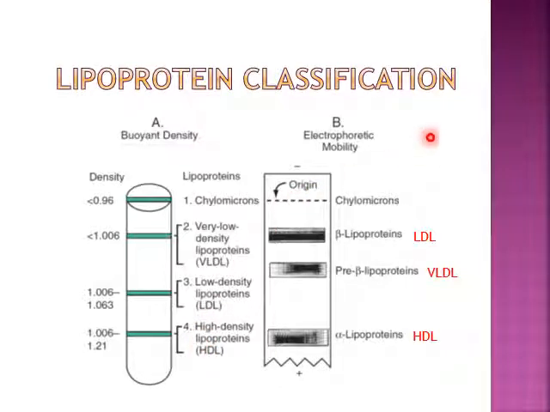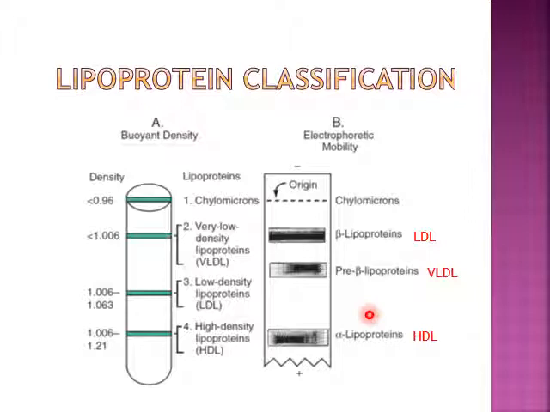If you separate the lipoproteins by electrophoresis, since electrophoresis separates the particles based on both their size and their electric charge, the order of the separation will be first chylomicrons, then LDL, and after that VLDL, and at the end we have the HDL. LDL is called beta lipoproteins, VLDL is called pre-beta lipoproteins, and HDL is called alpha lipoprotein.